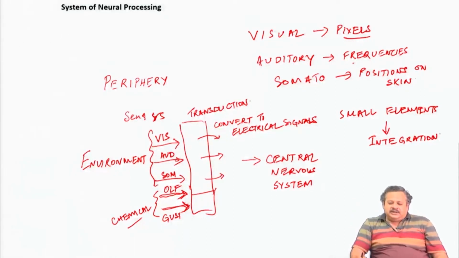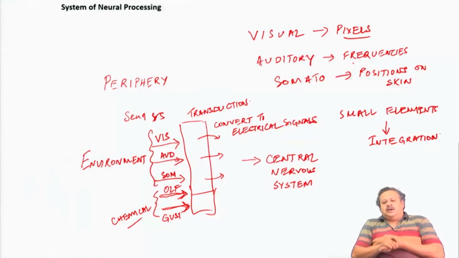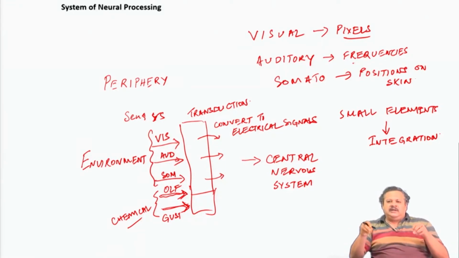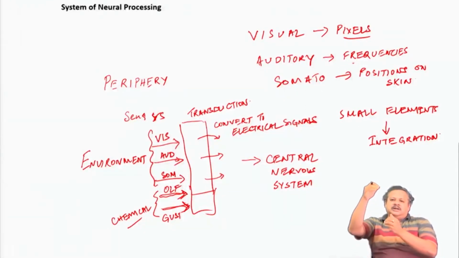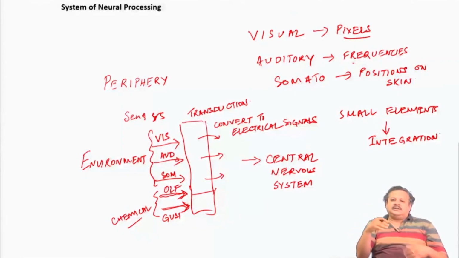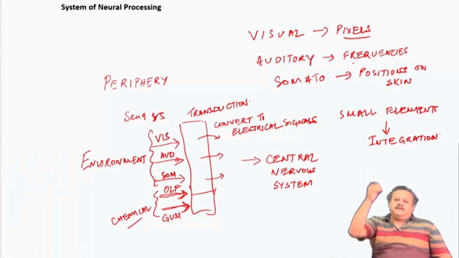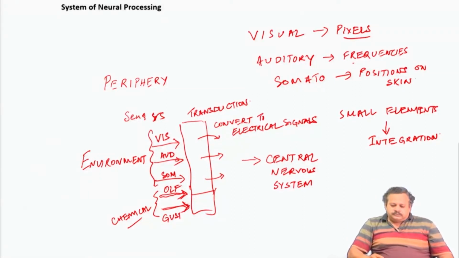What happens in this integration is basically depending on the requirement, depending on what the system is trying to achieve based on the external world, the system has evolved in such a way that it integrates information from these little elements, this broken down sensory world. It takes up different parts of it together, binds them together, and gradually in hierarchy, this kind of integration keeps on happening until we form a percept. So, that is the basic principle behind the organization and the processing in these neural systems.